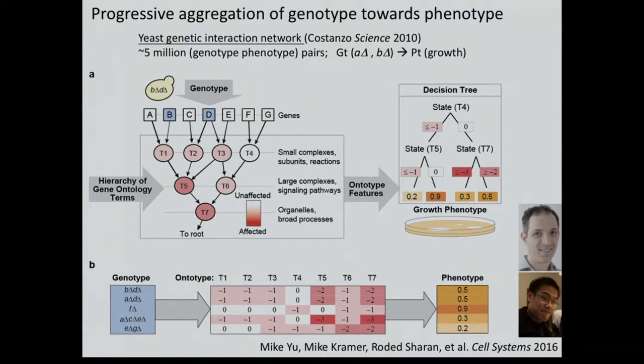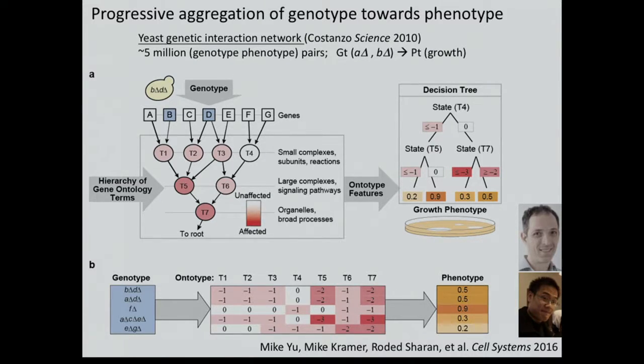Right? A genetic interaction experiment is essentially a genotype-phenotype relation. That's the point. It's a particular kind that involves disruption of exactly 2 genes. But we have lots of these pairs. In fact, it's by far the largest genotype-phenotype database that I'm aware of.